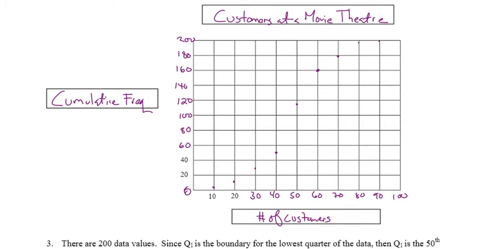Okay, so we plot the points. We draw a curve of best fit by hand and eye. When you do an ogive, you're going to get an S-shaped curve. So just keep that in mind, that we want to have an S-shaped curve.